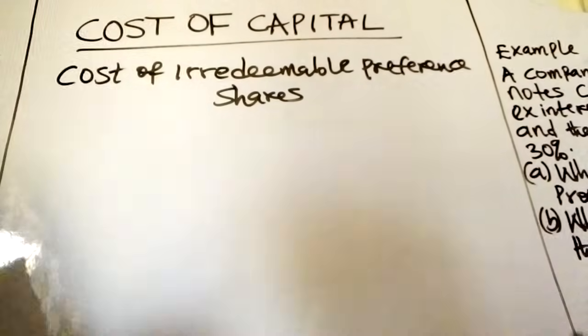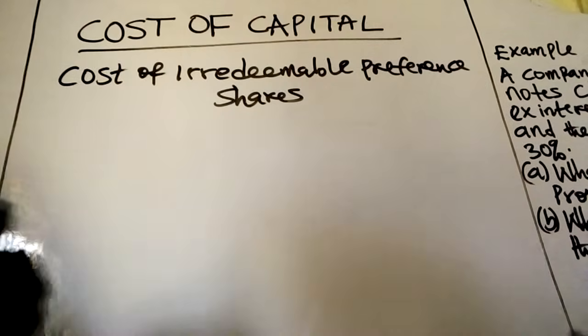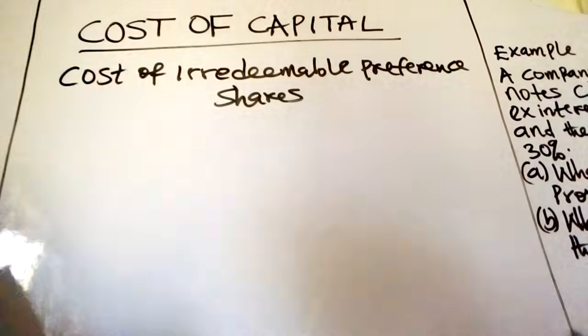Since preference shares usually have a constant dividend, the same approach used in estimating the cost of equity shares with no growth in dividend will be used in estimating the cost of preference shares.